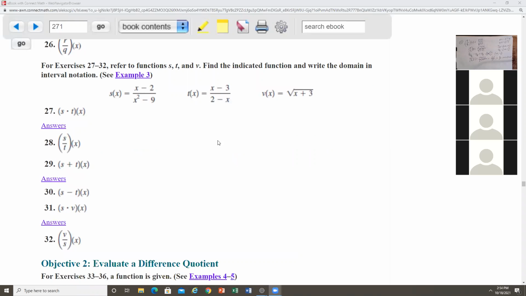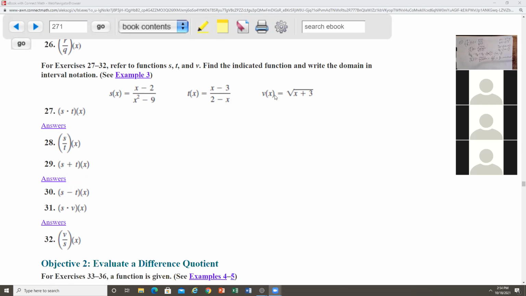All right, and here are some other problems to do. They're just giving you more functions defined here.